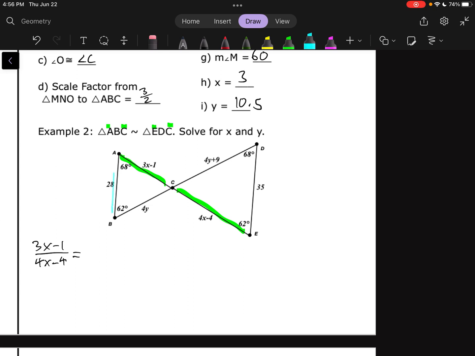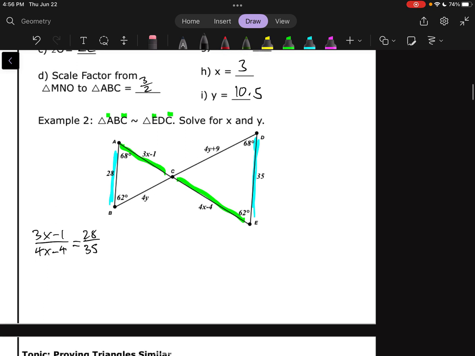Set that equal to my numbers here with A, B, and DE. So 28 over 35. We'll cross multiply: 35 times 3x minus 1 is equal to 28 times 4x minus 4.